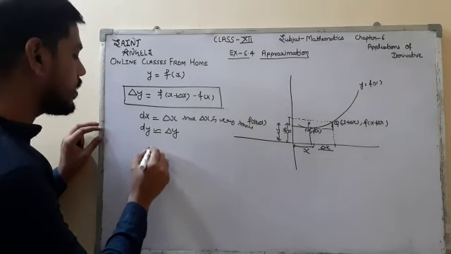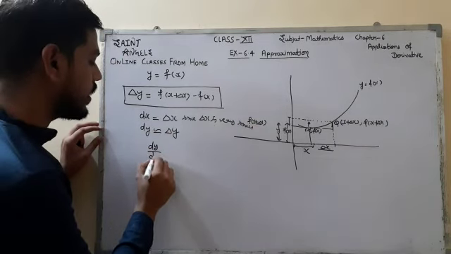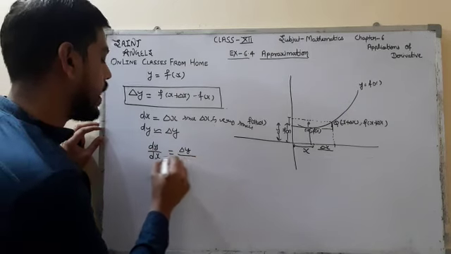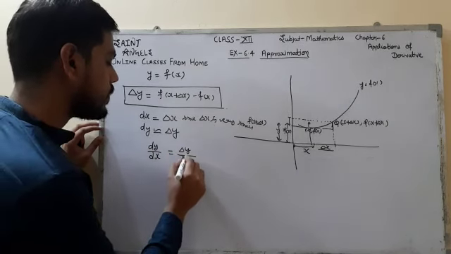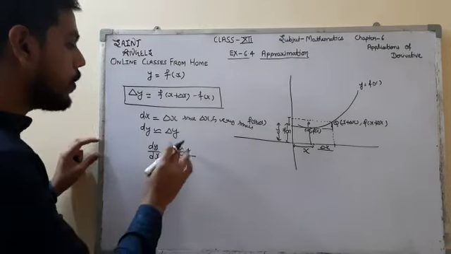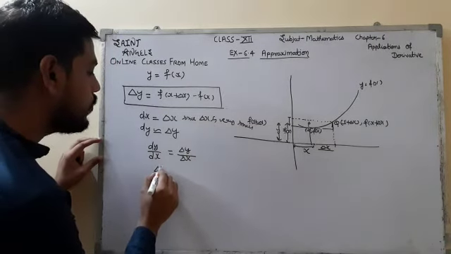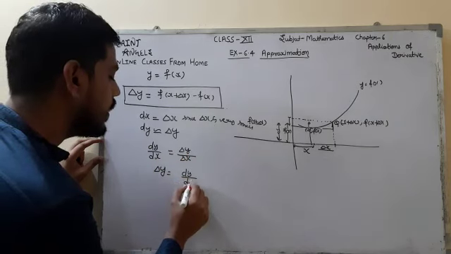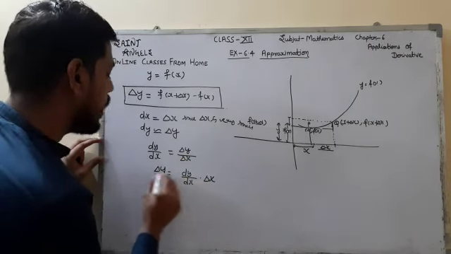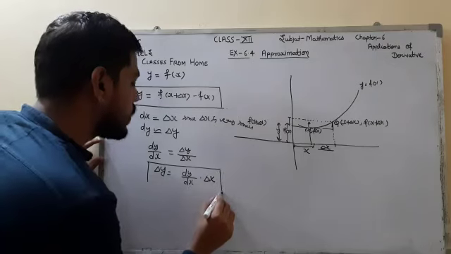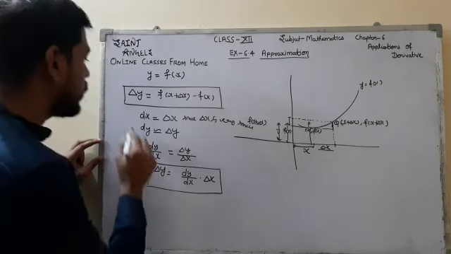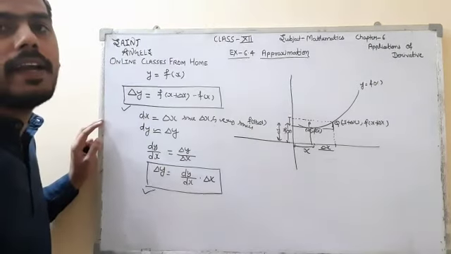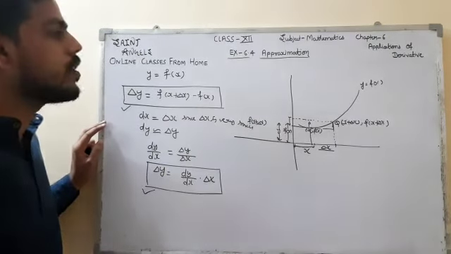So now we know dy over dx, can I write it like dy is delta y and dx is delta x? So from here, the value of delta y would be dy upon dx into delta x. These 2 points we will use to find an approximate value in a question.